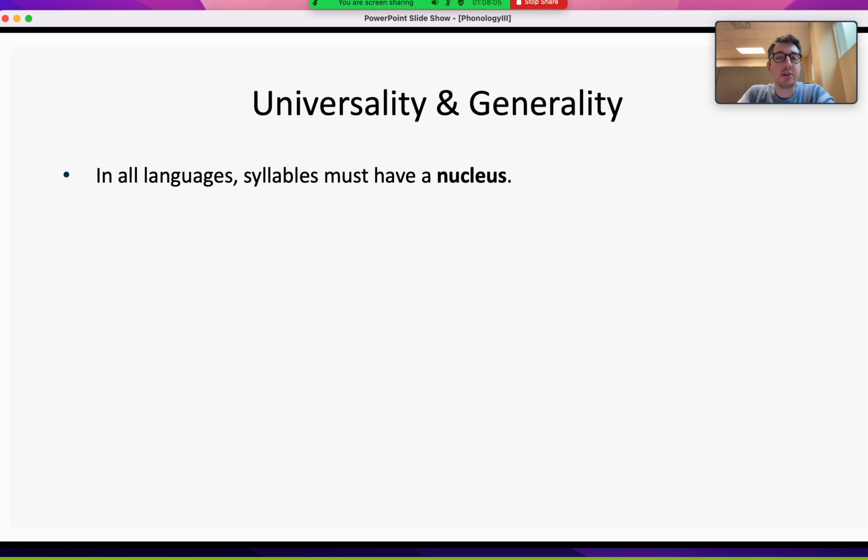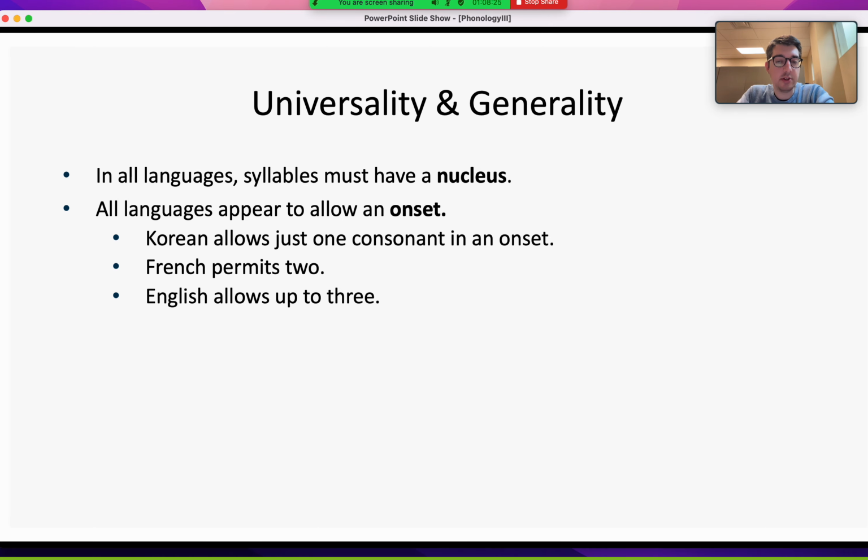If you remember, we talked about universality and generality, and I want to bring your attention to some of the rules or regulations of syllables. In all languages, syllables must have a nucleus. All languages appear to allow an onset.